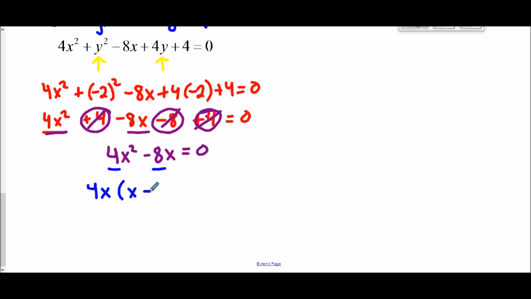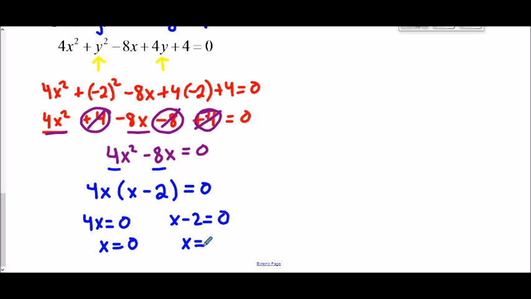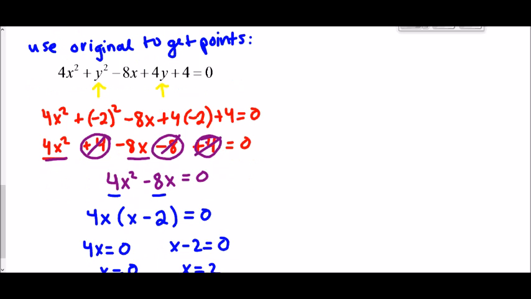In the second one, if we take out the x, it is gone. 8 divided by 4 is 2, equals 0. So each of these we set equal to 0, and it'll give us 2 answers. Divide by 4, 0 divided by 4 is just 0. Add 2, so 2. So I have 2 x values, 0 and 2.